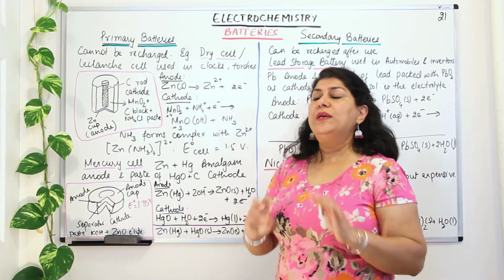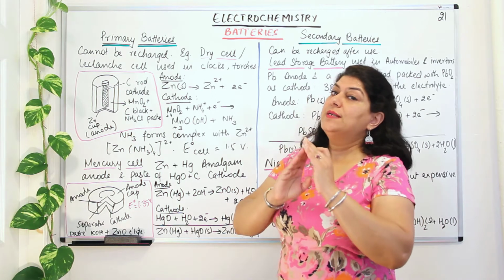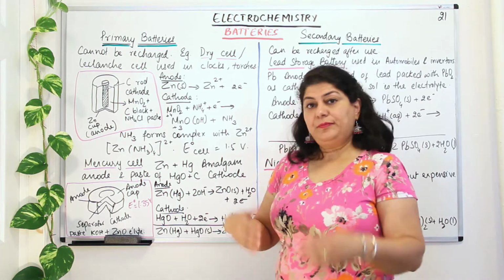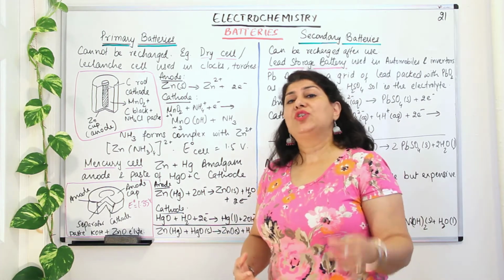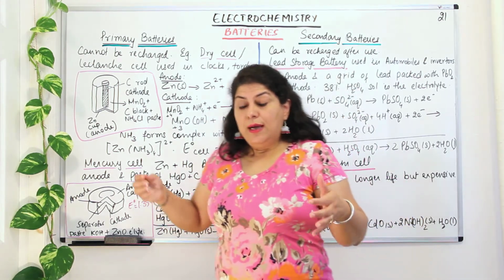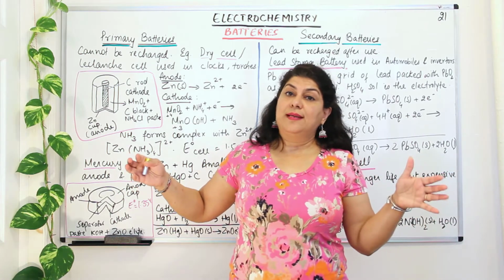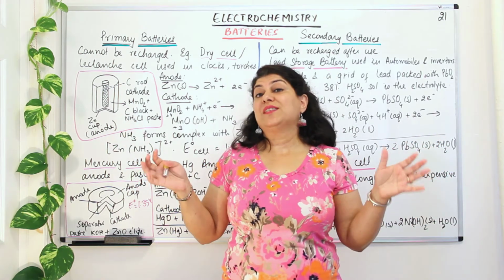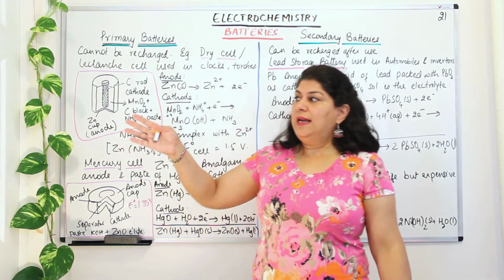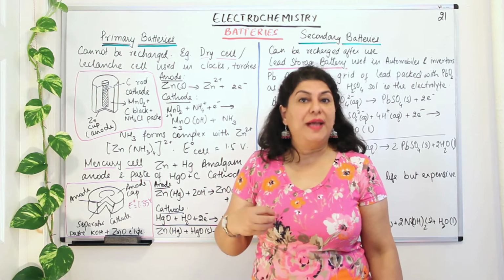The cathode is that electrode at which reduction always takes place, and the anode is that electrode at which oxidation always takes place. Now, electrolysis and a battery, that is an electrochemical cell, are two opposite processes if you really look, because in electrolysis we were using electric current to cause a chemical reaction.